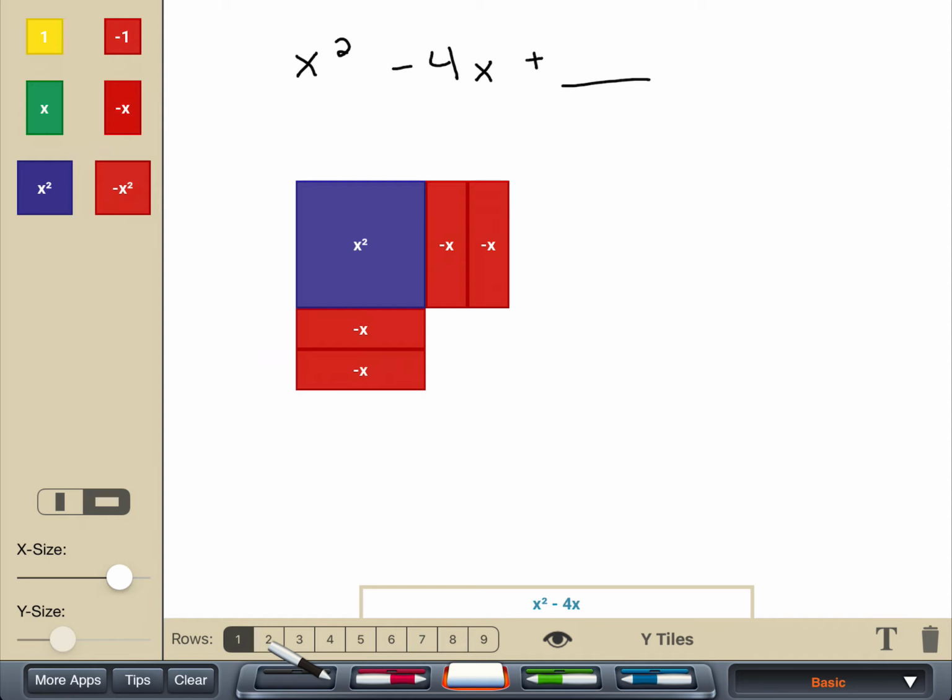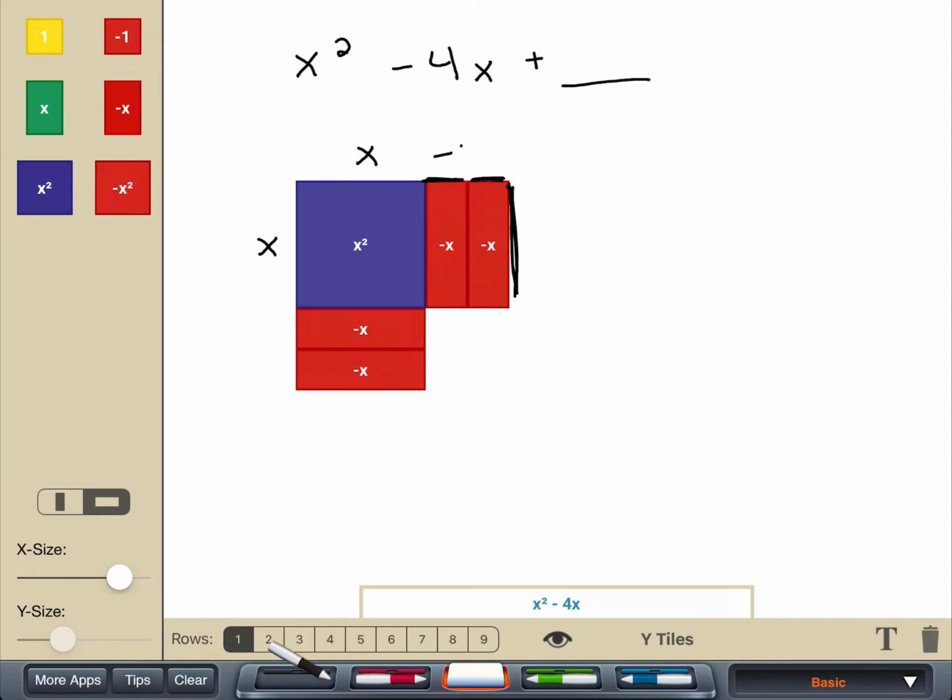Well, remember that if we have an x squared, that means that this is x and x because x times x is x squared. And for the red parts, this is a negative 2, because remember that each one of these units is 1. It's actually this unit that is an x.